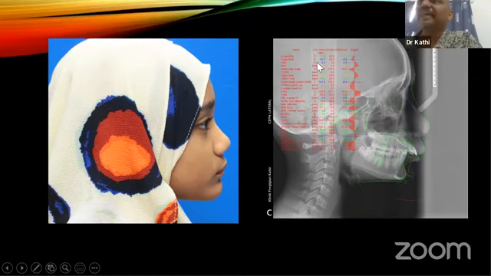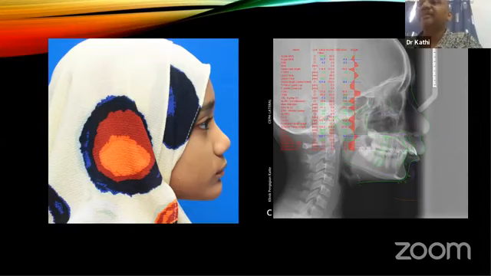So in this case, ANB is 4.2 and Wits is 4, so this is clearly a class 2. We'll talk a little bit about how Wits is measured, because I'm sure some of the doctors are not that familiar with Wits appraisal. So in this case, we thought we could camouflage this situation.